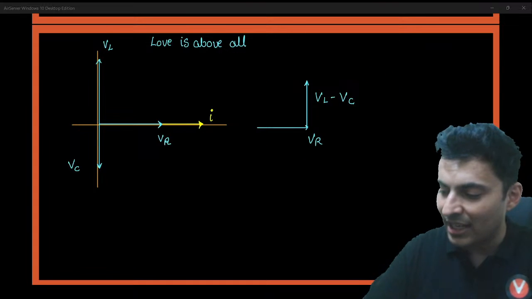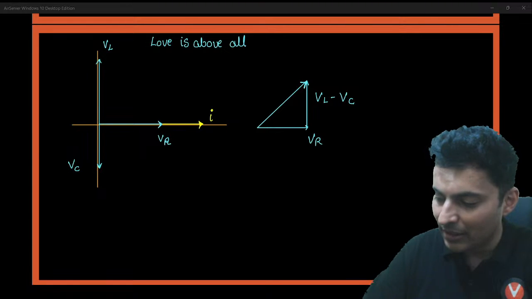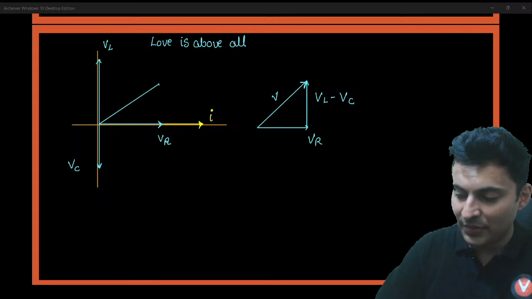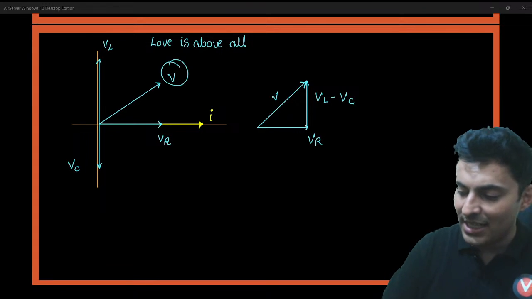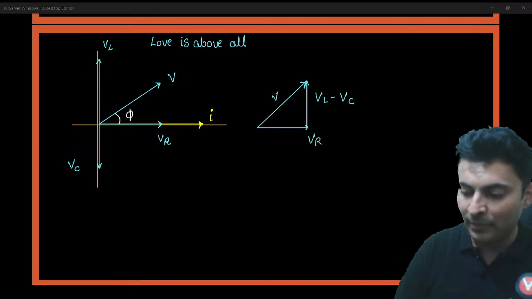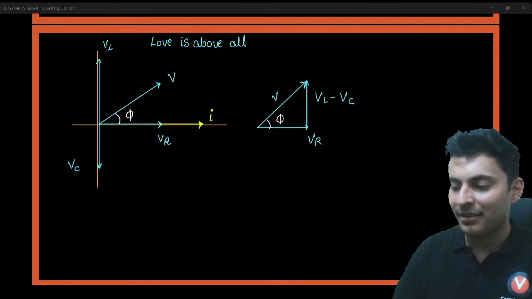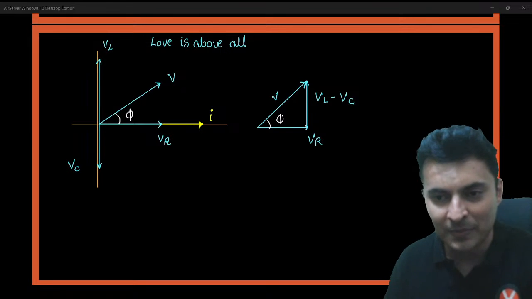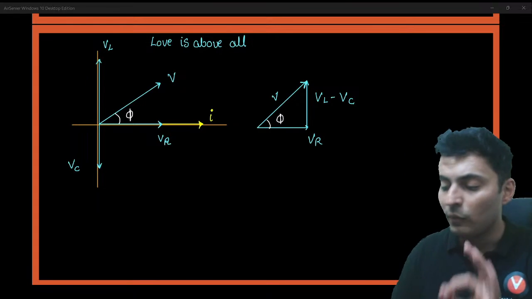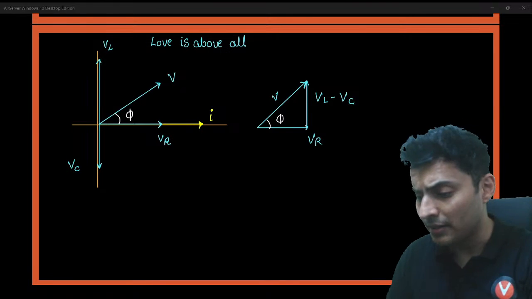So you add them using the triangle law, and what you get is this particular vector, which is basically the total voltage. So now you can see the total voltage and the current have some phase difference between them right over here. As simple as that. Clear? Perfect.